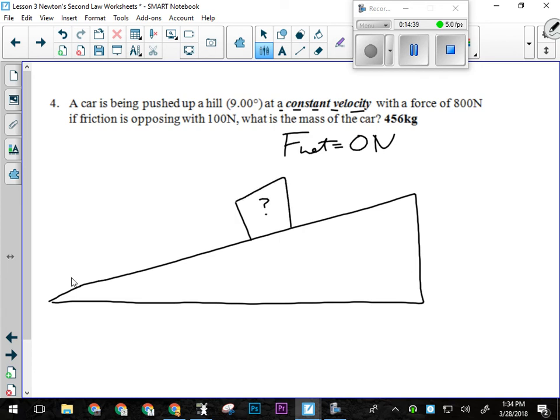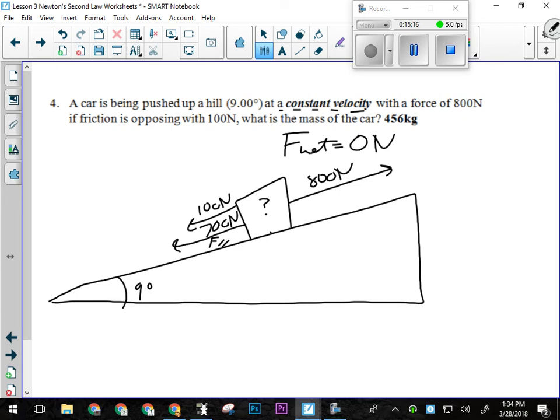I don't know what it is, but I know that there's a 9-degree angle and that there's a force of 800 newtons pushing up, a force of friction of 100 newtons, and of course F parallel is always present and acting down the ramp. Now, because the net force is 0, the forces up and the forces down add up to 0, which means F parallel has to be 700 newtons. That way I have 800 newtons up the ramp and 800 newtons down the ramp. Everybody follow me there?